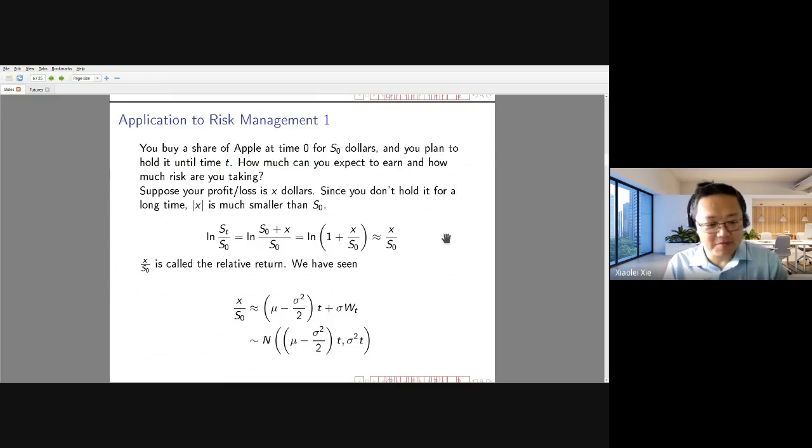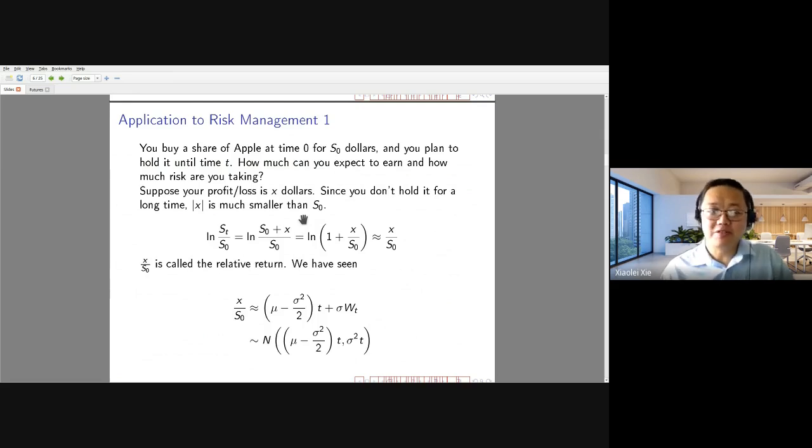Then, of course, the central question is how much can we expect to earn from this stock investment, and how much risk will we be taking in so doing? Okay, so let's suppose that our profit or loss from buying this stock is X dollars, and we hold it for not such a long time.